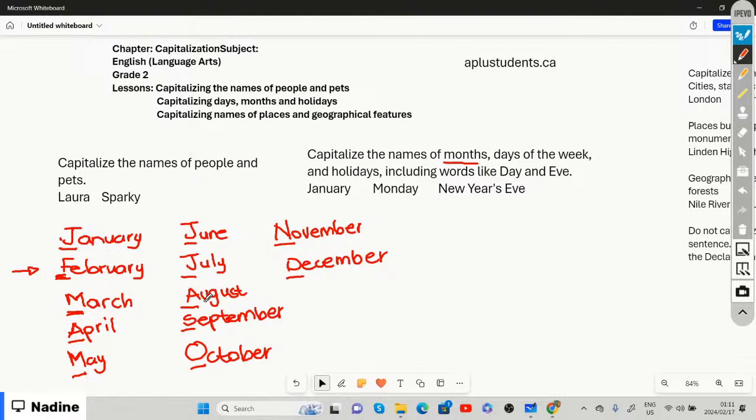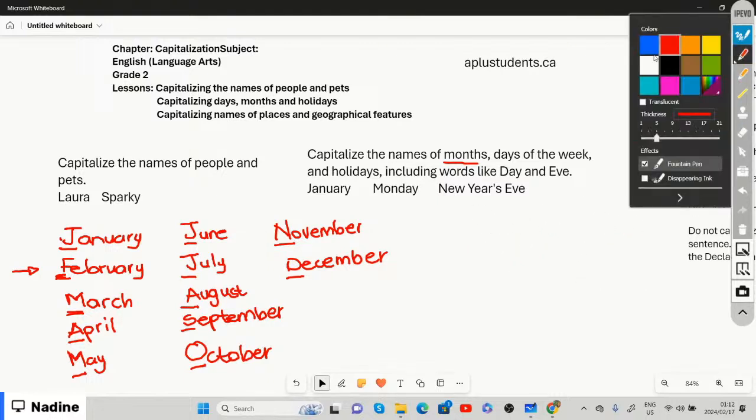If you say that your birthday is the 10th of October, you're going to write 10 October and capitalize October, because months of the year need to be written with a capital letter.